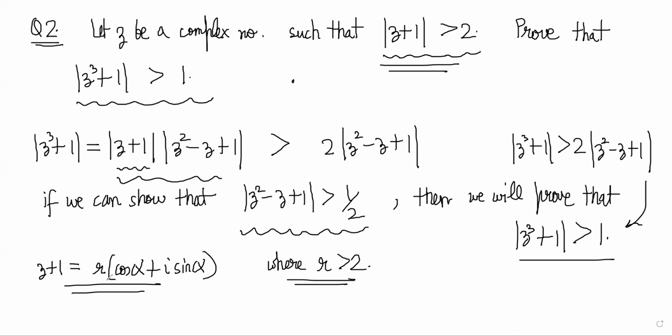If z plus 1 is this, we will write our expression z square minus z plus 1 in terms of r and alpha. How do I do that? So let's see here. z square minus z plus 1 can be written as z plus 1 whole square, which would be z square plus 2z plus 1. So I have to subtract 3z.